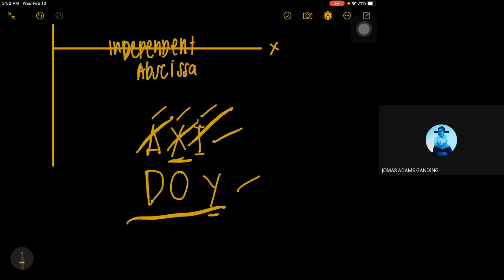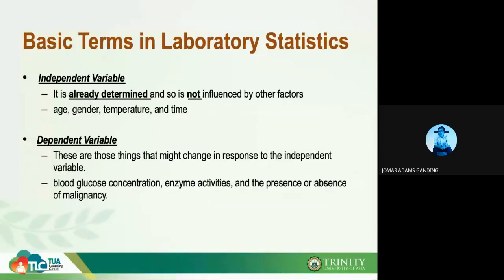Your ordinate, also known as your y-axis, represents your dependent variable. Hopefully you will be able to remember that. Again, independent variables are not influenced by any other factor, unlike your dependent variable that is greatly affected by your independent variable.